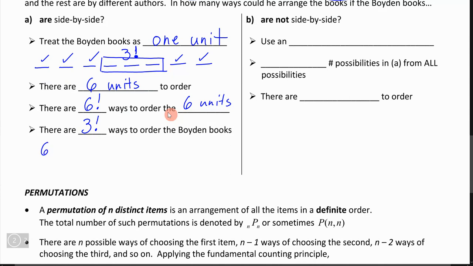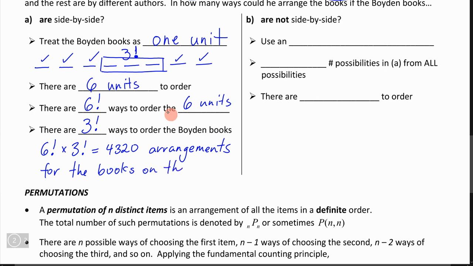Well, if I use the factorials combined with the multiplicative counting principle, I can say 6 factorial times 3 factorial equals 4,320 arrangements for the books on the shelf.